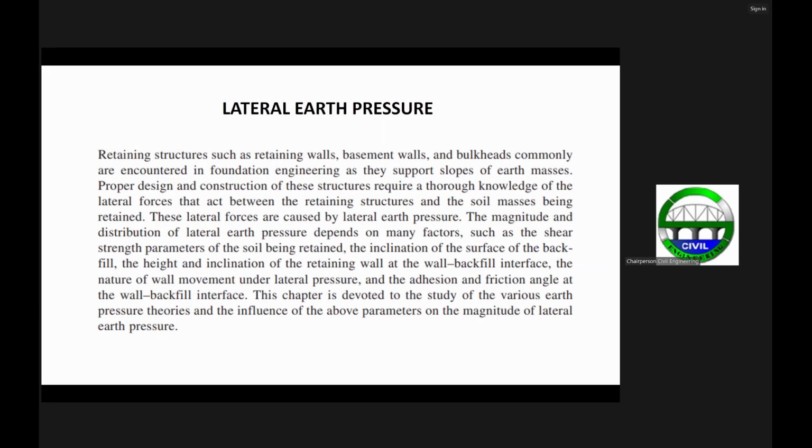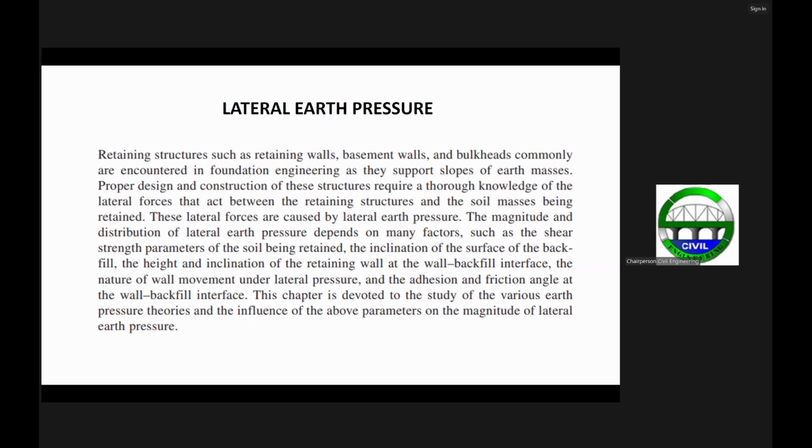These are the shear strength parameters, which may be total or effective shear strength parameters. And then we also have the inclination of the surface of the backfill. It may be inclined, or normally it is flat, for you to build a structure.